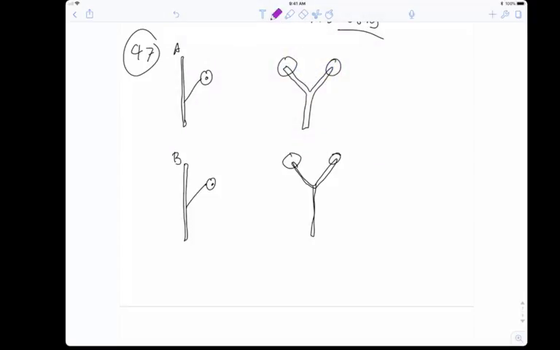Okay, so the first one is tied to the post, and it has one block worth of mass. The second one has two pulleys hanging like this, same amount of mass on both sides.